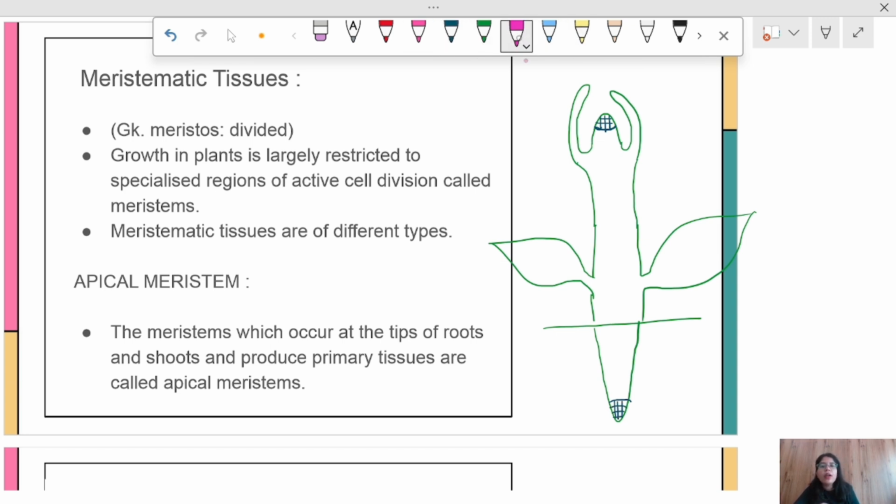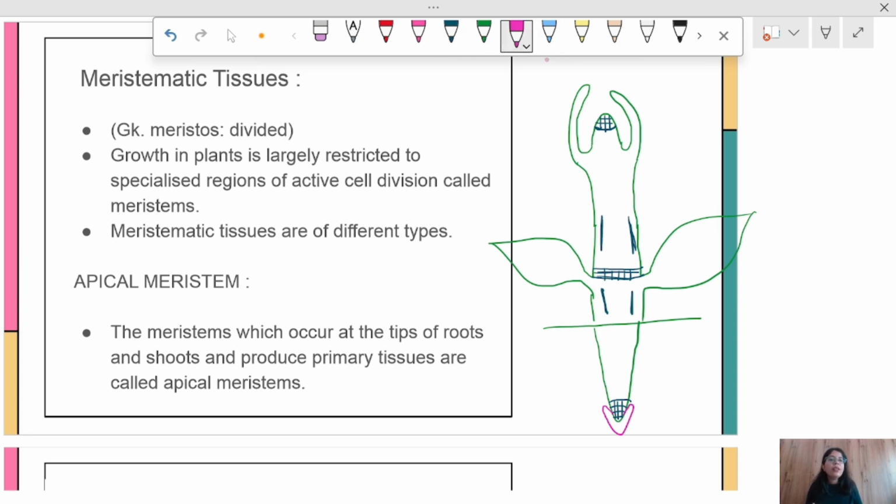Now I'll draw one more thing, otherwise you will get confused about what this structure is. Now some more layers I'm adding where you can see dividing cells are present. Then I'm drawing like this, or better, I should draw as per the NCERT diagram. So you can see I have marked some areas with blue color here.